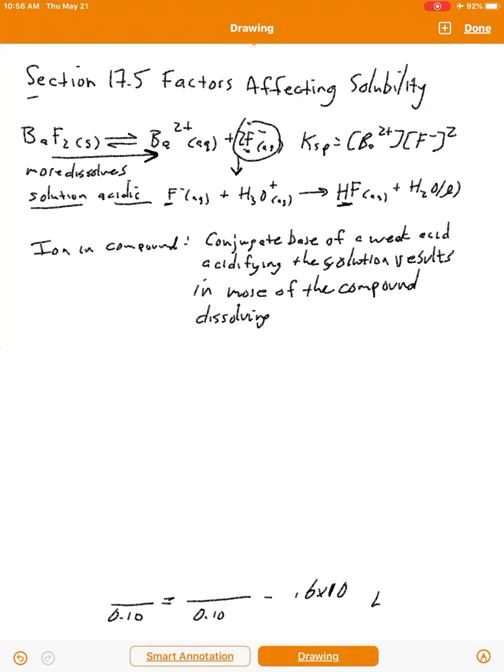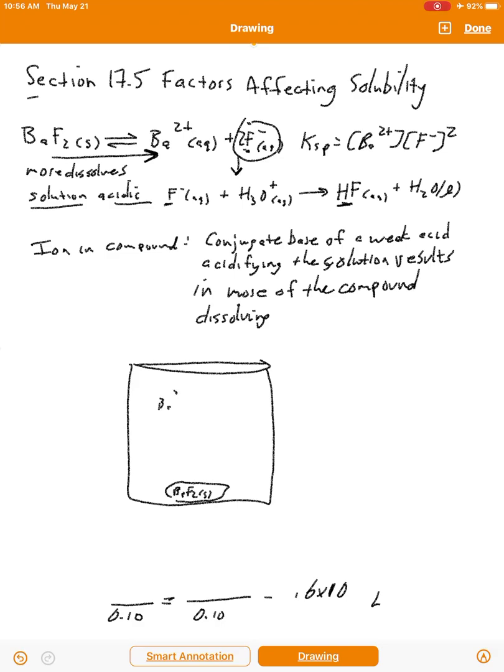So let me show you a little diagram here. Hopefully this will help you understand it physically or chemically, what's happening. You've got this barium fluoride, so we're going to take this barium fluoride. That's a solid. And some of it's going to dissolve. So there's going to be a little bit of barium in here and some fluoride. But now we're going to acidify it.